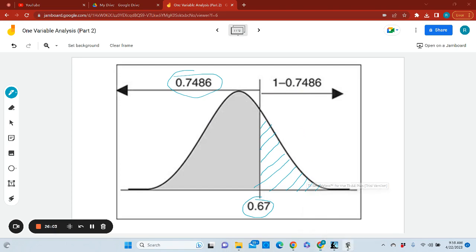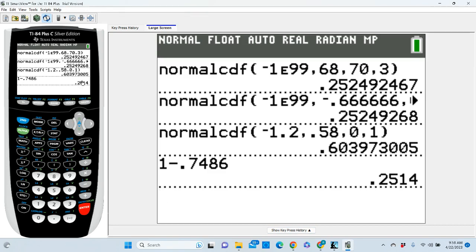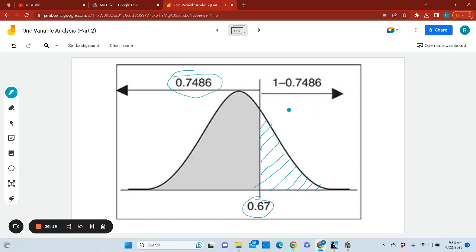So I'll take the 100% and I'll subtract 0.7486. And you'll find out that to the right, you should have 0.2514. So this area over here is 0.2514.